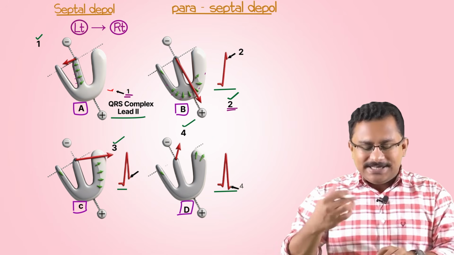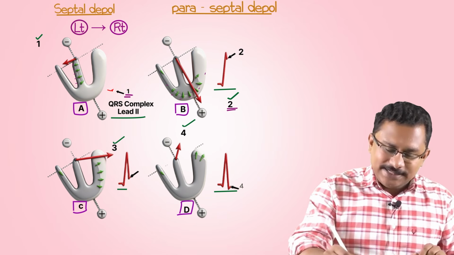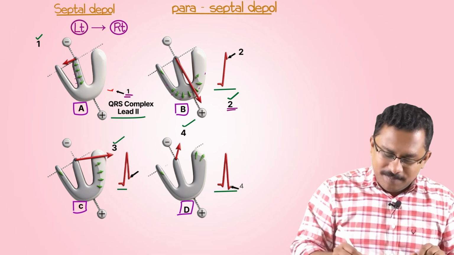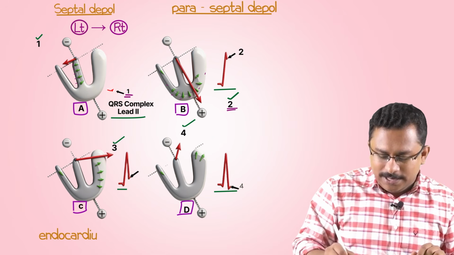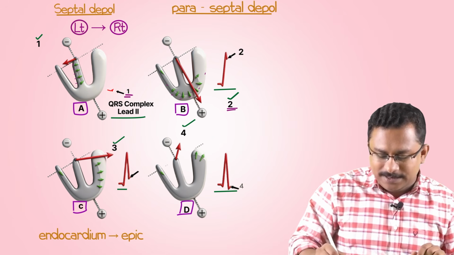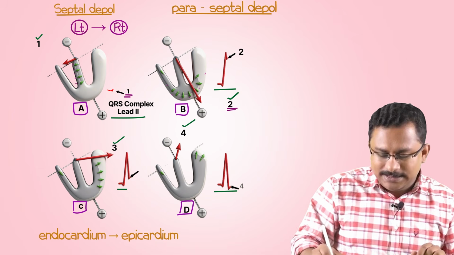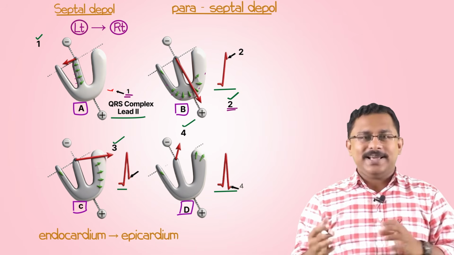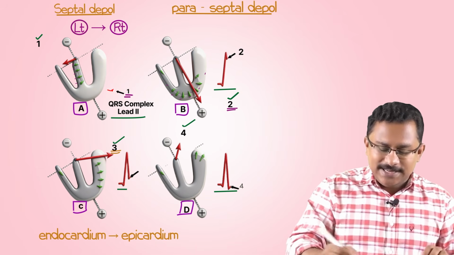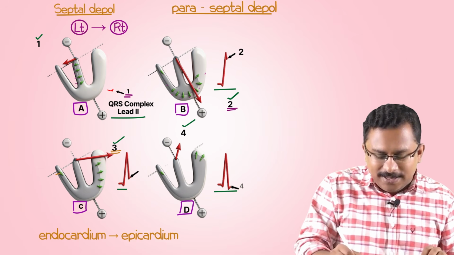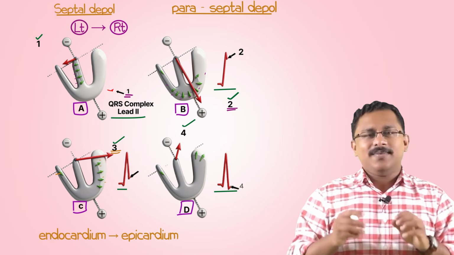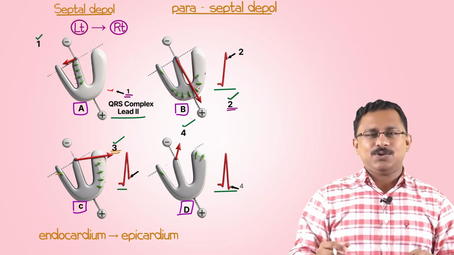Now in step C you can see the depolarization that is moving from endocardial to epicardial region. That is the net direction of depolarization. You can see it is vector 3, because you see there is a depolarization of the right ventricle and all these small waves depolarizing the left ventricle as well.